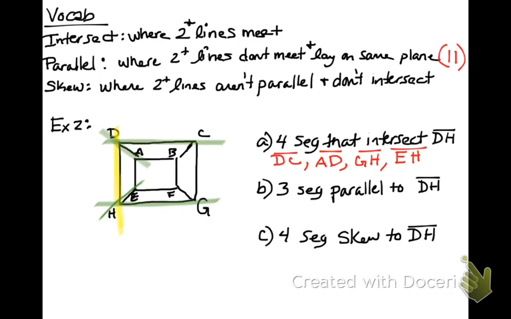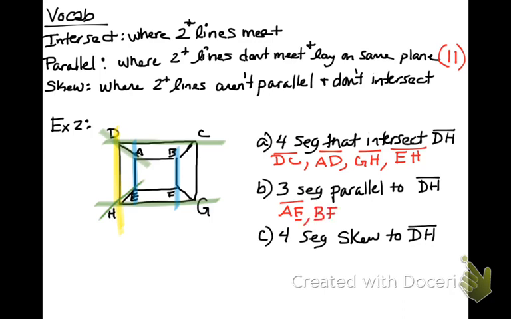Now I'm going to change the color so you can see the highlighted spot for the next part. 3 things that are parallel to DH. So it's going straight up and down. So I'm guessing all the ones that are parallel are going to go straight up and down. AE. Why did you get AE? BF, you have to put that.